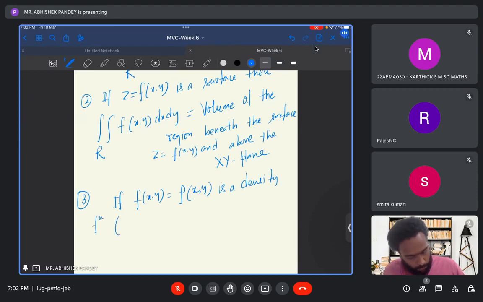It basically gives the mass per unit area of a mass distribution function in the xy plane.